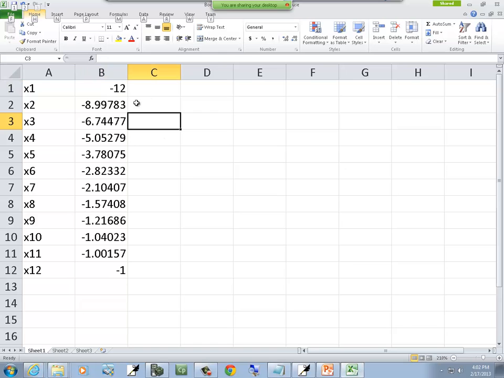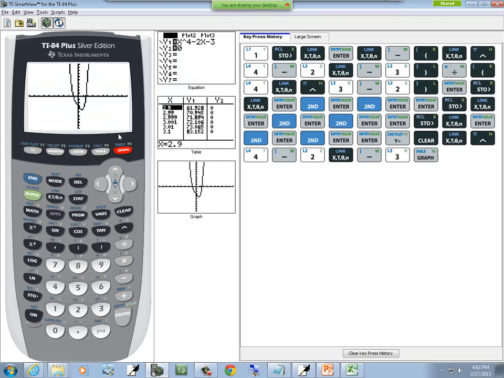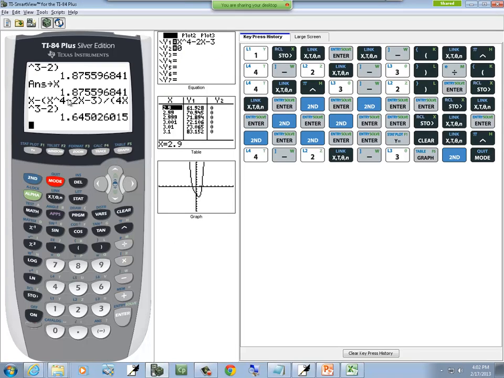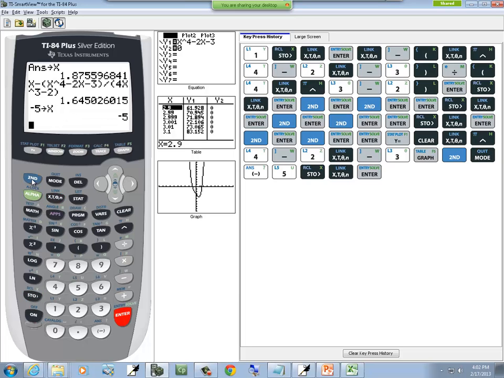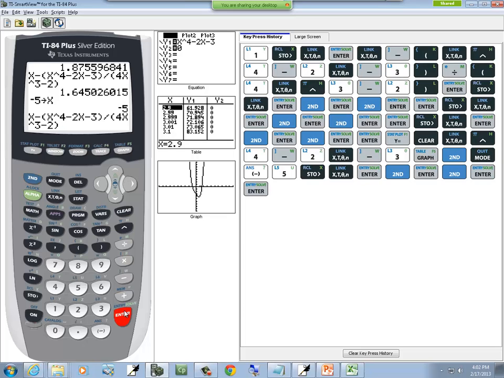Now, this is not so easy to duplicate in here. We still have this formula here, so I could store in -5. So I do -5, store x, and that'll be my new guess. And then I have to do a second enter, and then press enter.